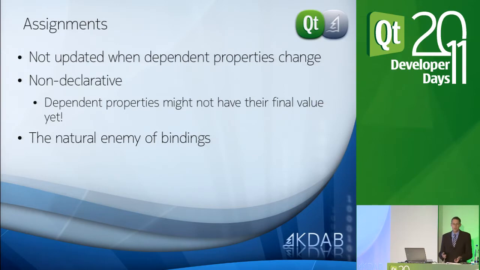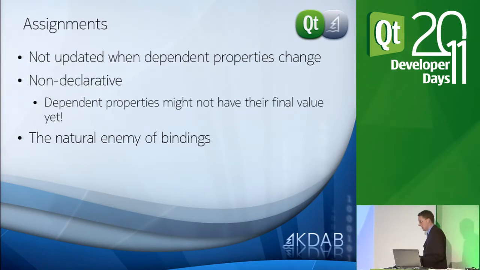So if you have an event handler in a mouse area, and as a result of that want to update a property, you can just write property equals new value. And if there was a property binding set on that property previously, it will be gone now, and it will be set to this specific constant value. Usually that's an effect you want to avoid, because you carefully set up your property binding. You don't want to break it by a simple assignment.